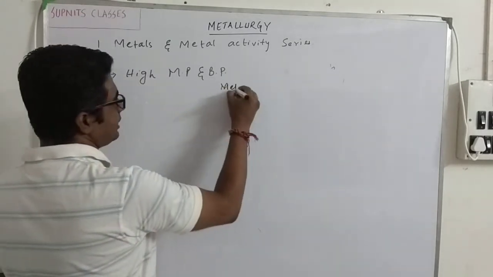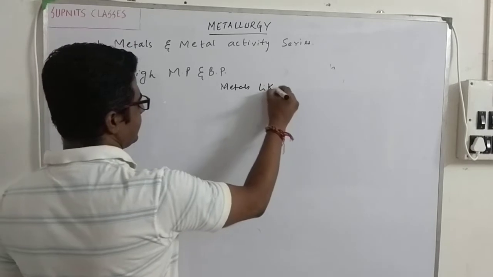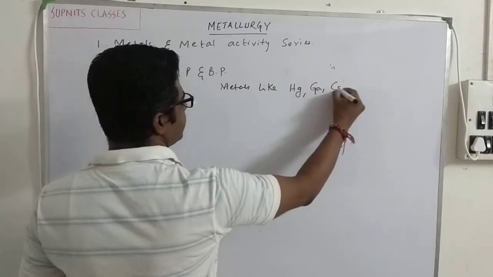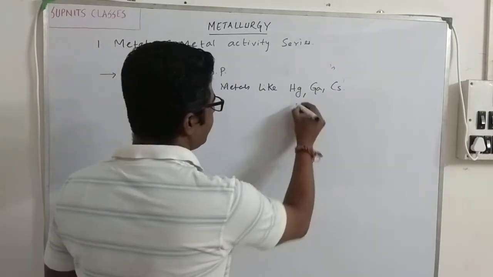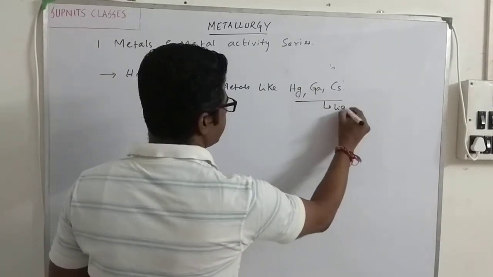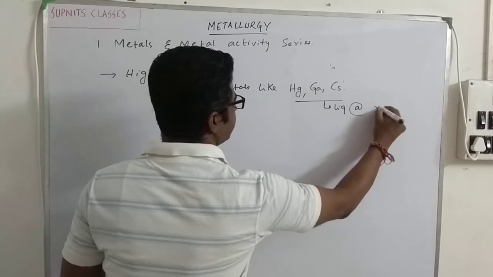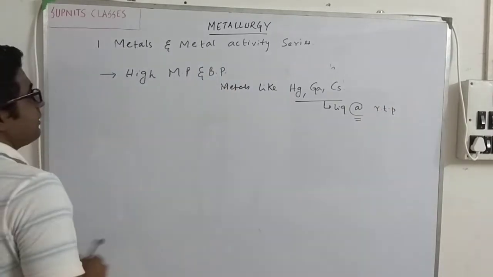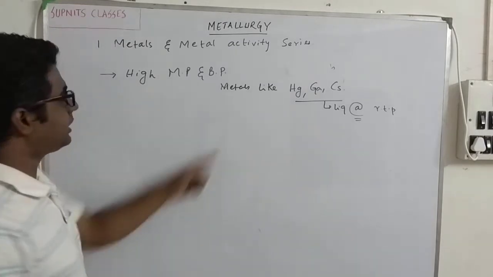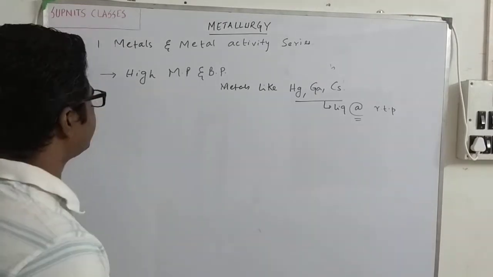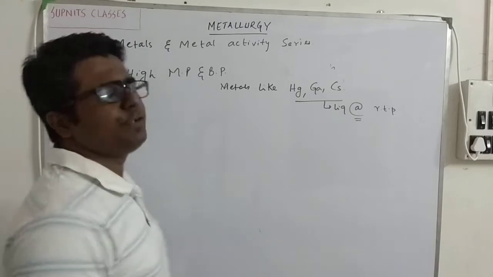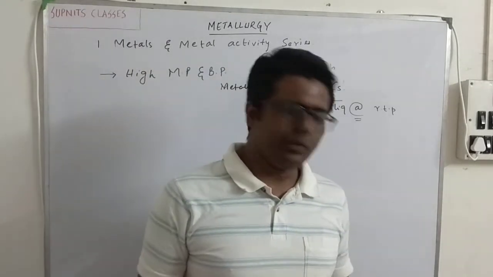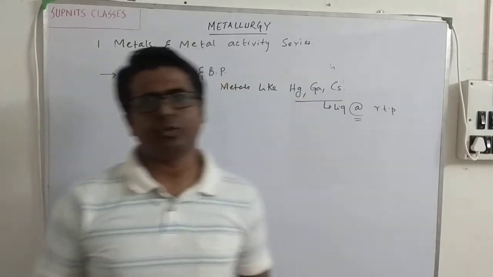In case of metals like mercury, gallium, cesium, they are liquid at room temperature. Do not write this symbol at exams, okay? This is only for me. So these are liquid at room temperature. Comparatively, non-metals will be either liquid or mainly gaseous at room temperature.